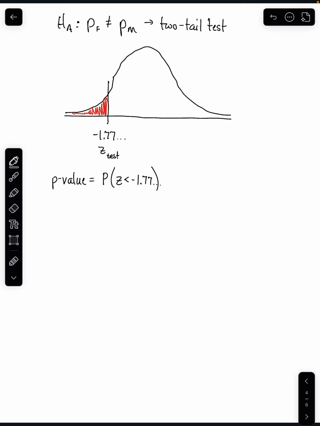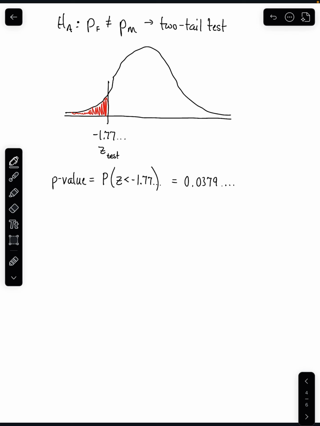And if we do, we get a p-value of 0.0379, etc. Now, even if we had used just negative 1.77 itself, we'd still get a very similar p-value using the rounded z-score, which if we're using a z-table, we would have no choice but to do that.